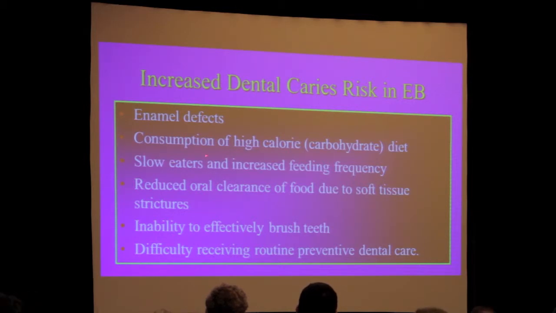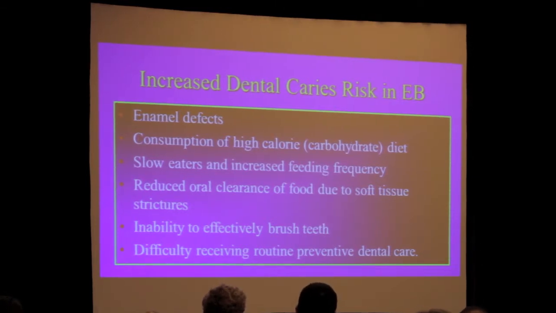You also frequently will have consumption of a high caloric diet. If you've got kids who are on Pediasure to try and jack their caloric intake up, the second ingredient in Pediasure is sugar. So fermentable carbohydrates, which doesn't have to be high calorie, but frequently if you're trying to jack calories up, that's carbohydrates, and they're frequently fermentable by the bacteria. They eat what you eat, and then they make acid.